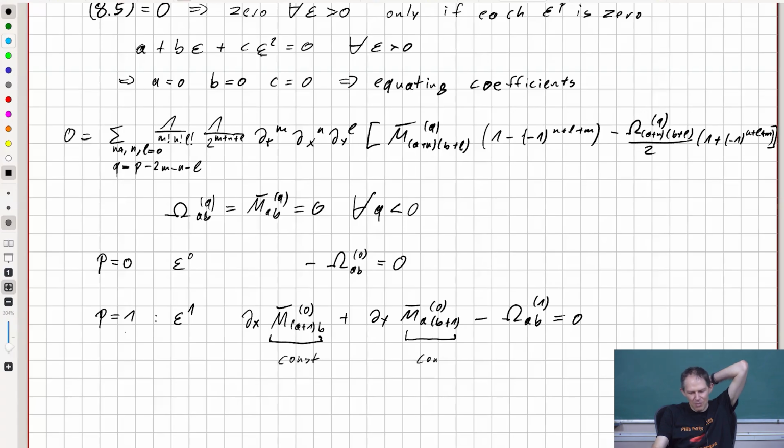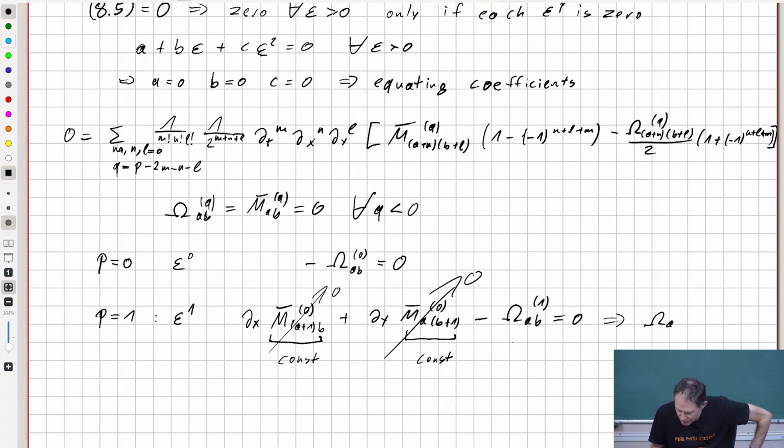And constant means it's not dependent on space and time. So if you take the derivative, they will disappear. And so these things here are 0, which means that this collision moment to first order is 0. Now we know that it is 0 to 0 order, and we also know that it's 0 to first order. I'm potentially taking overtime, I guess.